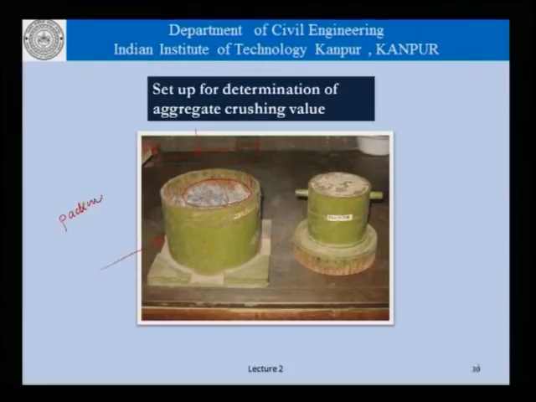That is, how densely we have packed the aggregates in this cylinder, and therefore test methods very often must specify how exactly the sample has to be taken as far as filling the cylinder is concerned.